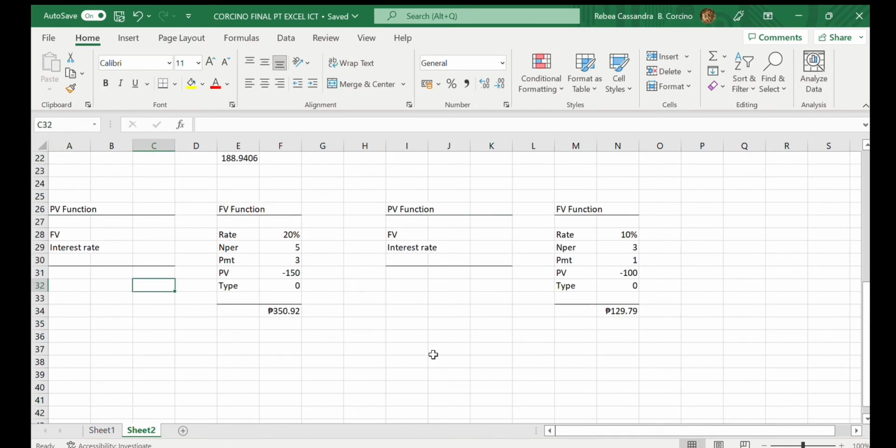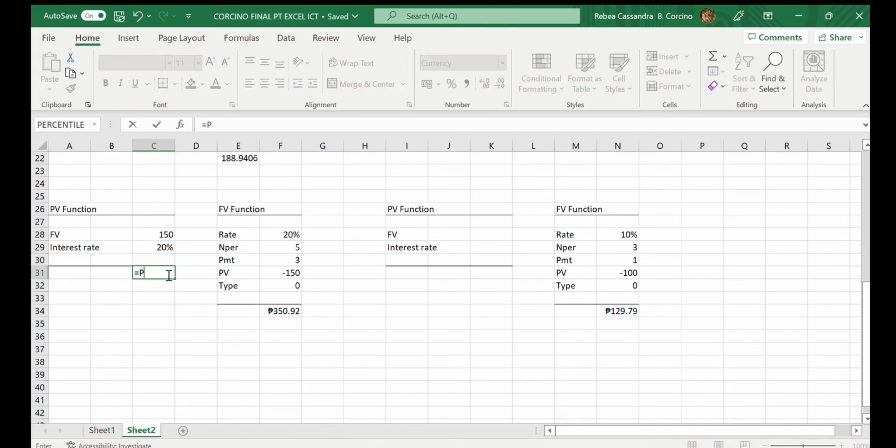So let us say that the future value of the investment that you are going to make is 150 in the year 2019. And the interest rate that you are expecting to receive would be at 20%. Now, let us type in the equal sign, following the PV, open parenthesis. Then we would drag in the same values for the rate, NPER, PMT, PV, and the type from the FV function from this given.